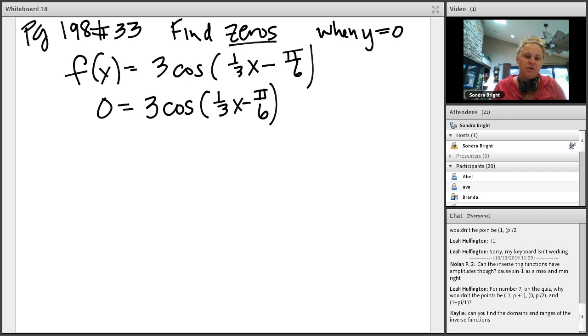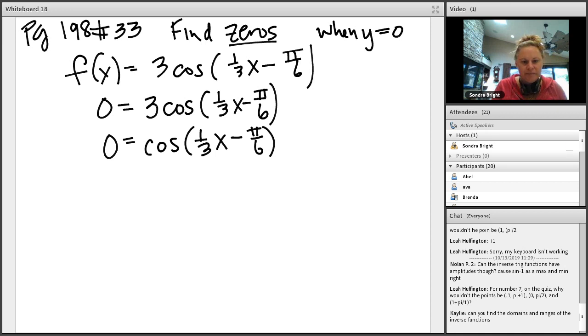All right, so dividing both sides by 3, 0 divided by 3, so you still have cosine of 1/3 x minus pi over 6. This little box right here is my theta, that's my angle.